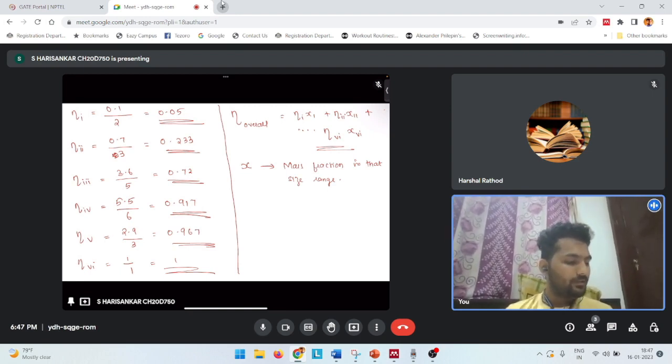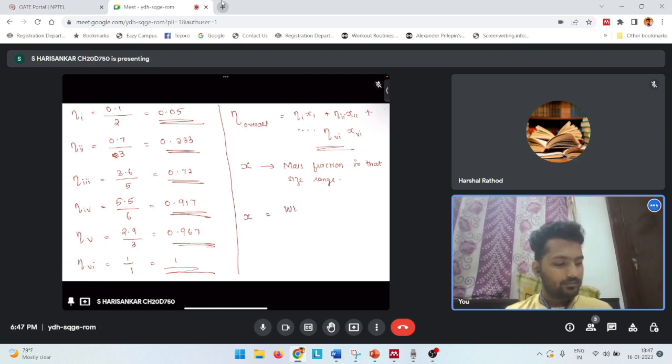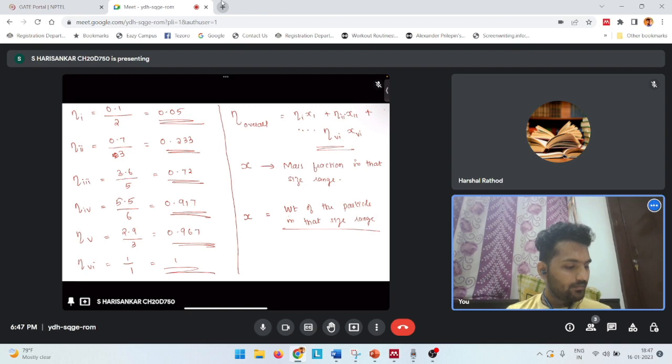And the mass fraction x will be equal to the weight of the particles in that size range by the total weight of the feed.